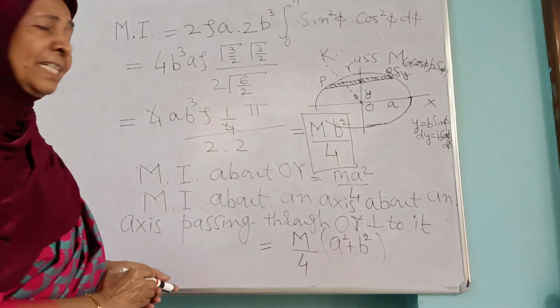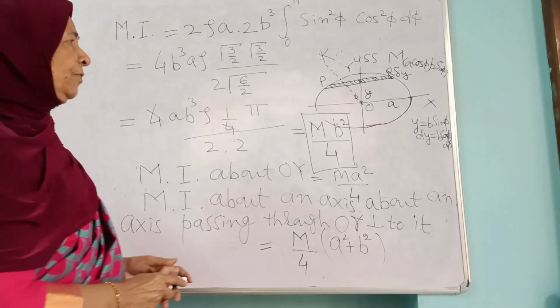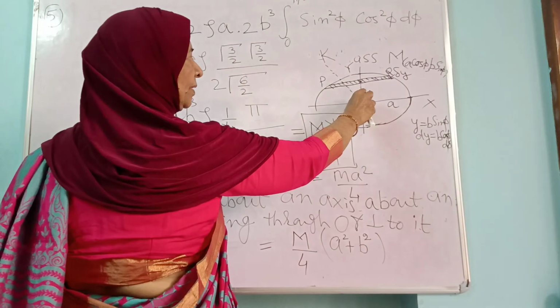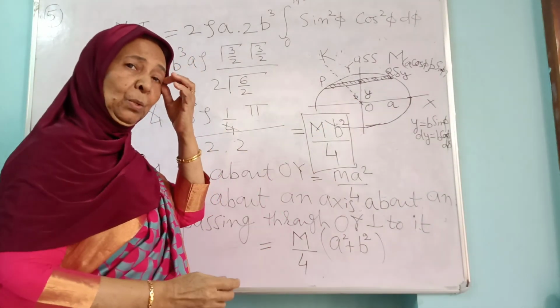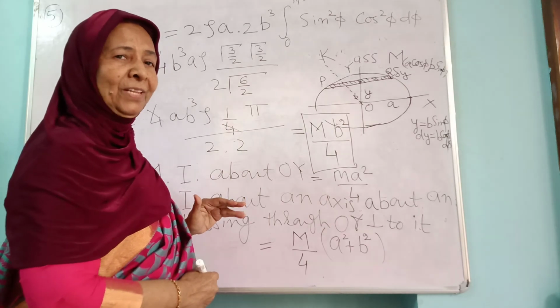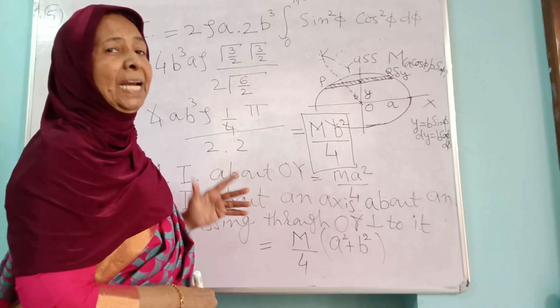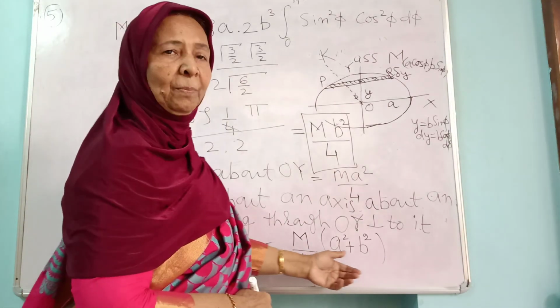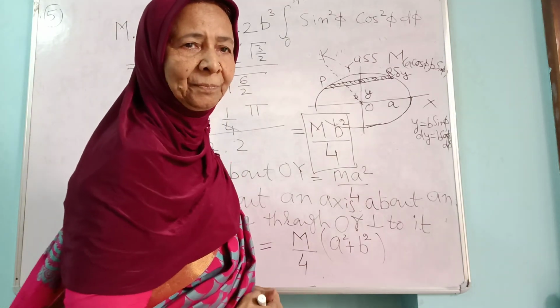How to find it? The moment of inertia about this axis perpendicular to the plane of the elliptic lamina will be m by 4 times (a square plus b square).